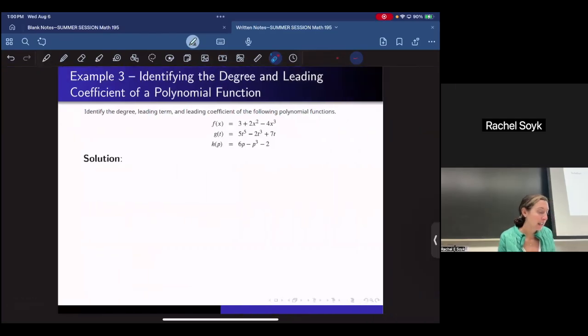So in these 3 function examples, f of x, g of t, and h of p, we want to identify the degree, the leading term, and the leading coefficient.